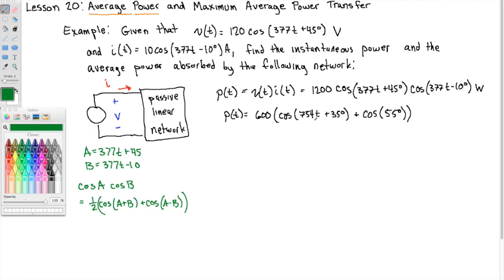A minus B, the time cancels, and I'm left with 55 degrees. And then the 1200 becomes 600 because of this 1/2.